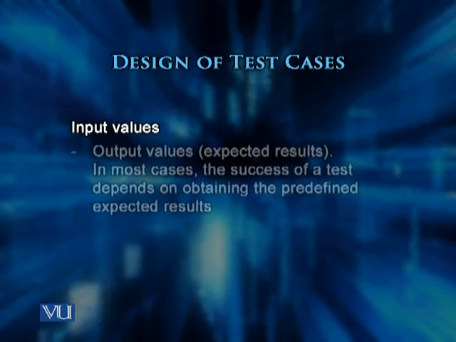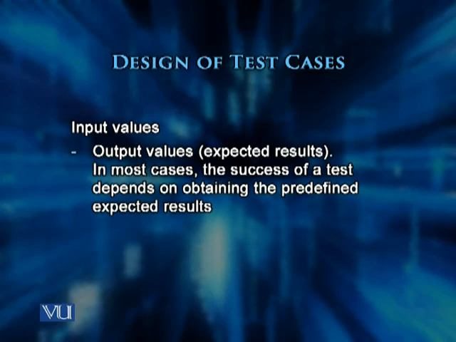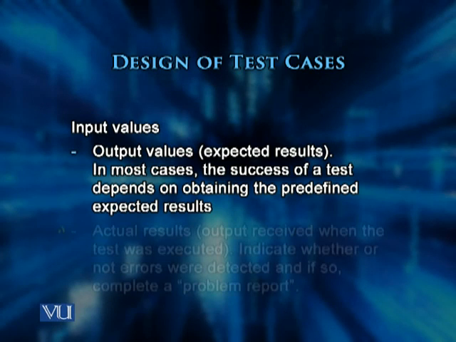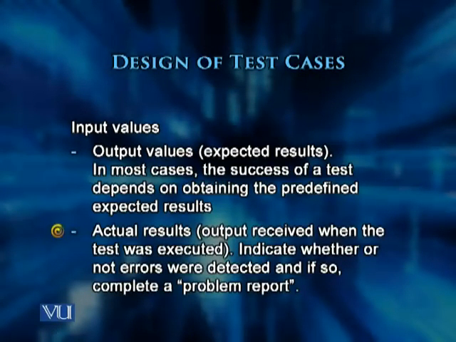It contains the expected results or output values, and in most cases the success of a test case depends on obtaining the predefined expected results. And it also should capture actual results, that is, output received when the test was executed. You need to indicate whether or not errors were detected, and if so, you need to complete a problem report.